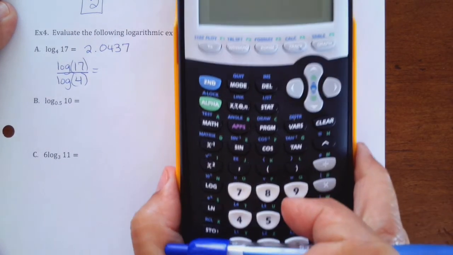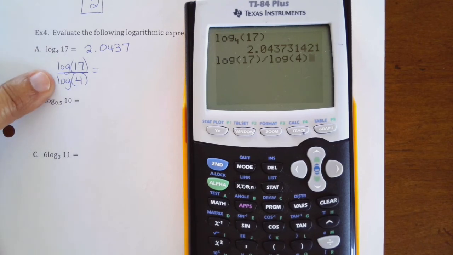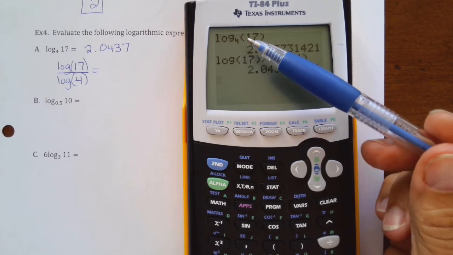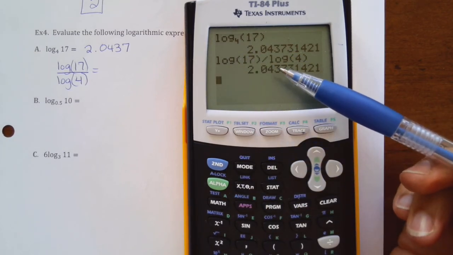Okay, so I'm going to do the log button, LOG button of 17, close your parentheses, and then divided by, then hit the log button again, and this time you'll put 4. Okay, so that's what I have on my paper, and you'll see you'll get the same answer. Okay, so all of you can do this on your calculators, whichever calculator you have. So either you have the new version, that's alpha F2, or you'll do the change of base formula.